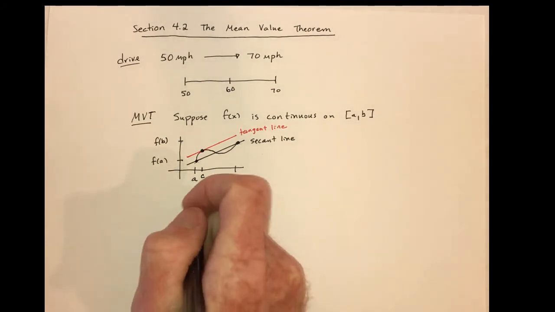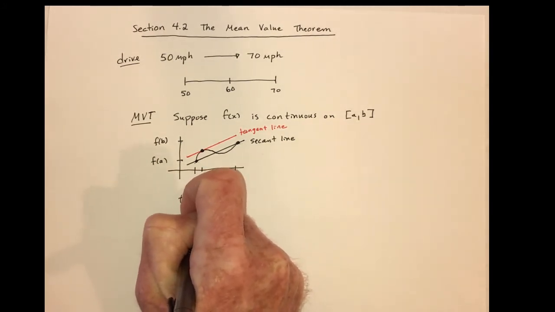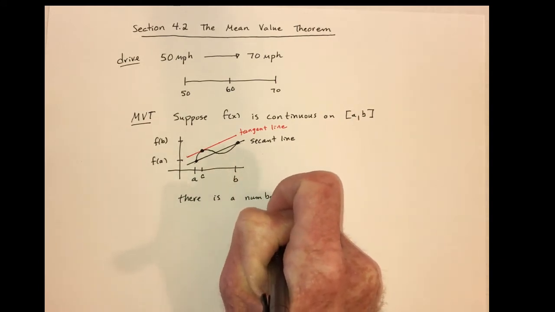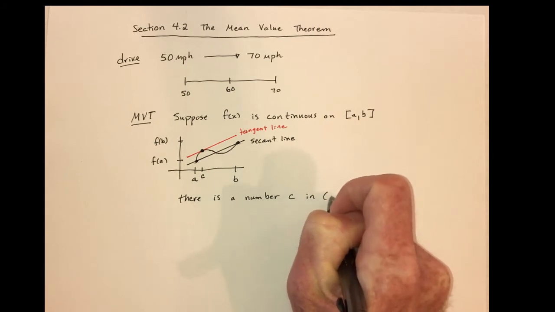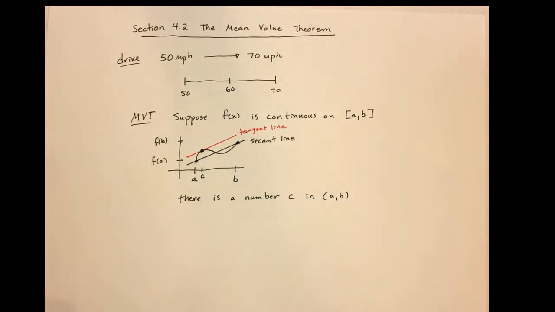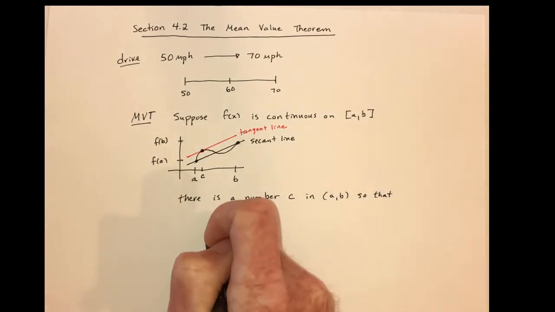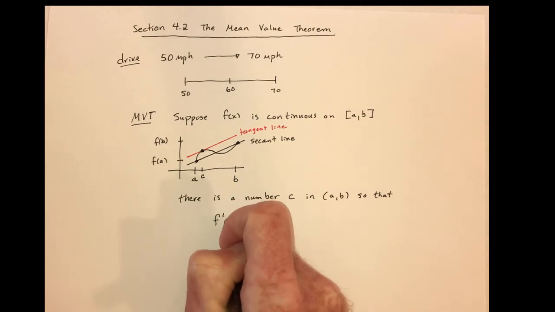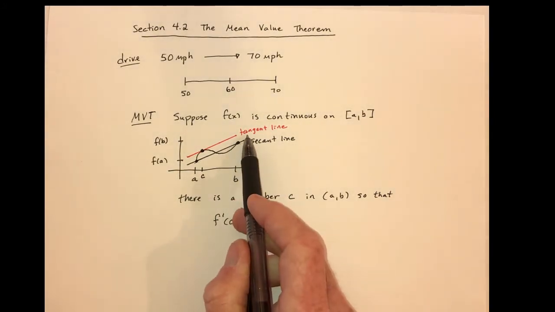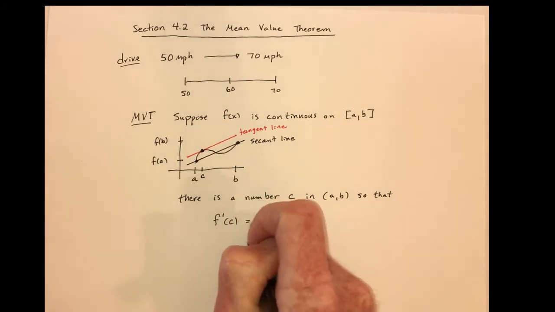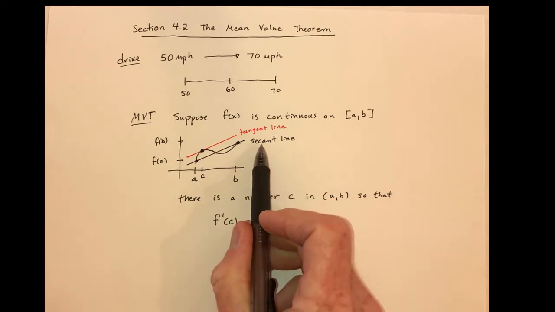So the continuation of this sentence goes, there is a number C, and it's between the A and the B, as you can see on my picture. So the number C is in the interval from A to B, and the final conclusion is the derivative at the point C, which is saying the slope of the tangent line, so this one's slope, the red one's slope, is equal to the secant line slope.